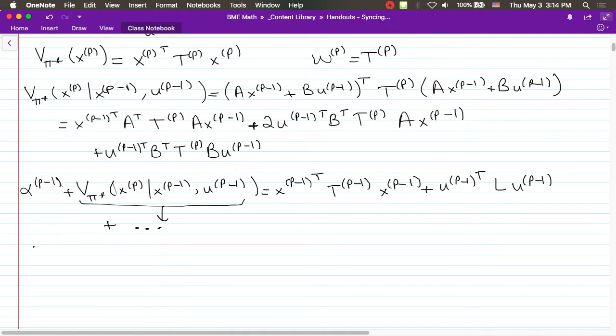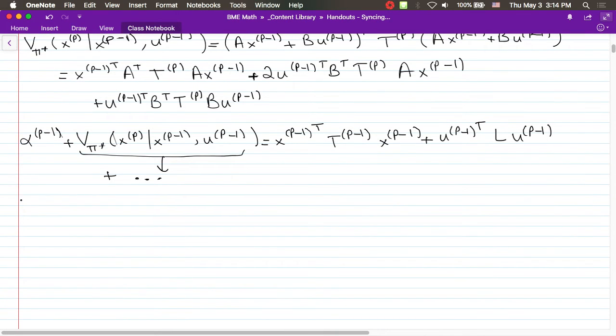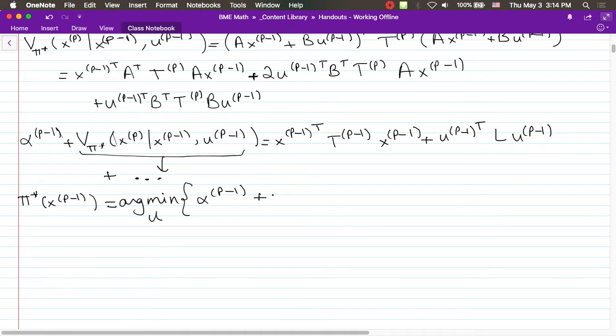And my optimum policy at time point p minus 1 is the derivative of this function where we're trying to find the optimum u. So it's the sum of p minus 1 plus this v.